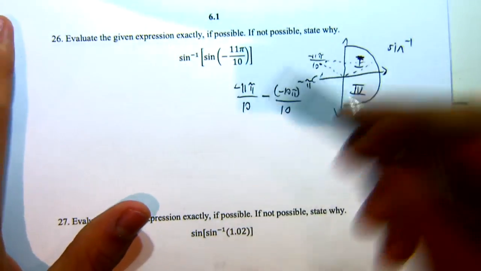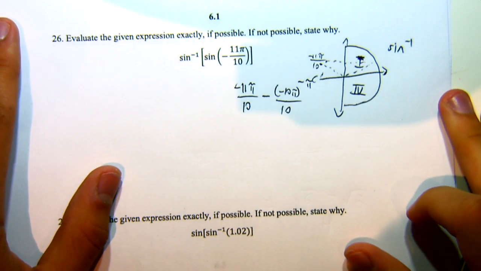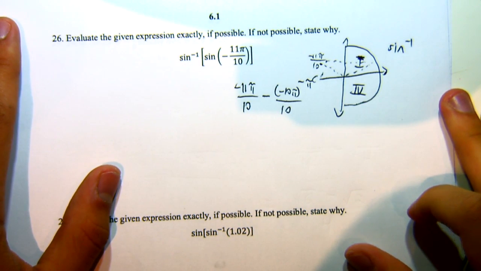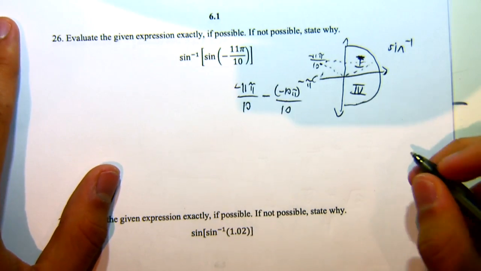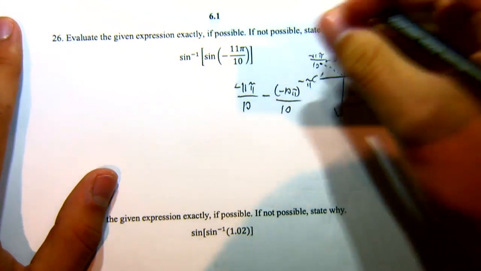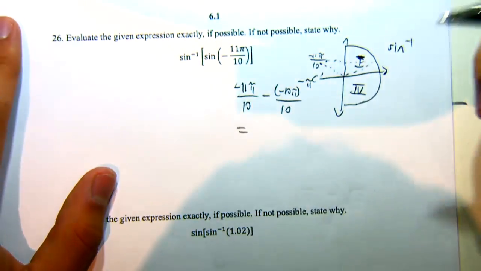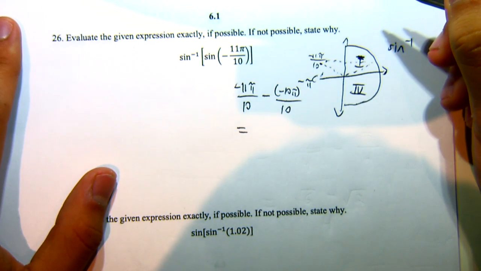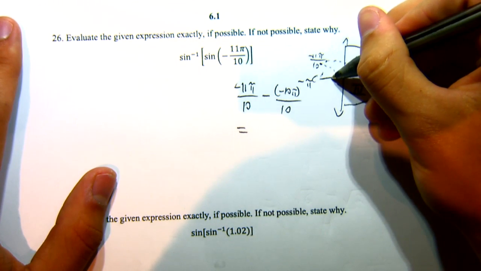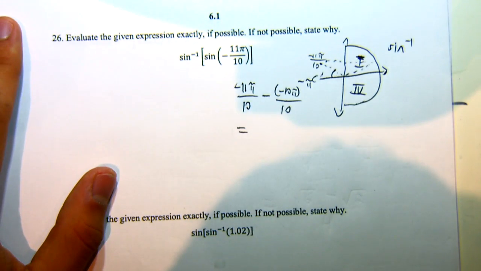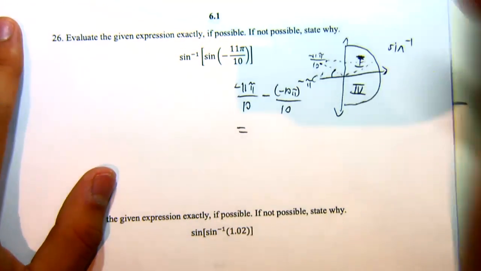So we're essentially adding 10 pi. So we end up with pi over 10. So this angle right there, the size of that slice, is pi over 10.